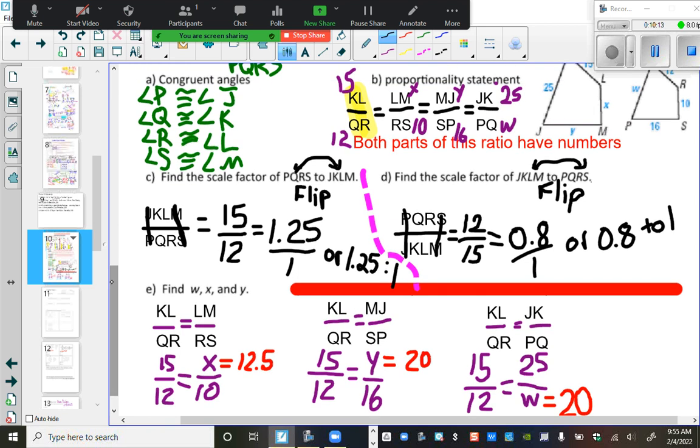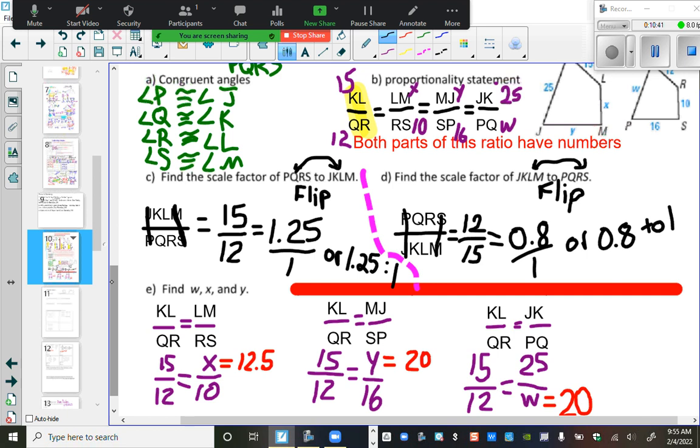Now, this part right here, I know we did this part, but the proportionality statement, when you're taking two letters, you need at least one of those ratios that have both numbers. This is why I highlighted this one from last time, because you need this ratio to help you get any of the other missing values.